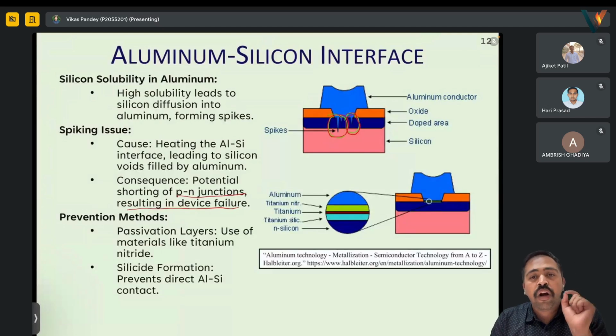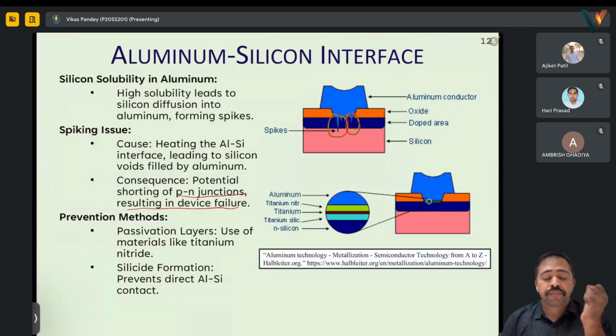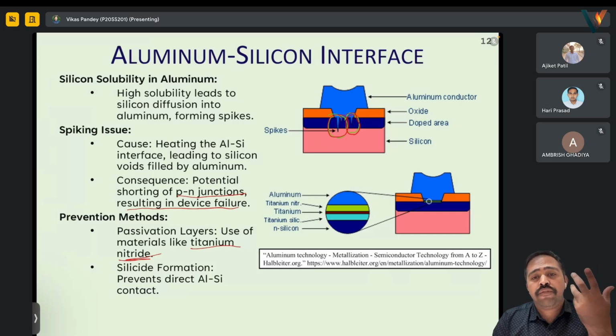So how is it prevented? A small, thin layer of titanium nitride can be used. This forms titanium silicide formation. That is, aluminum will not diffuse into the silicon.